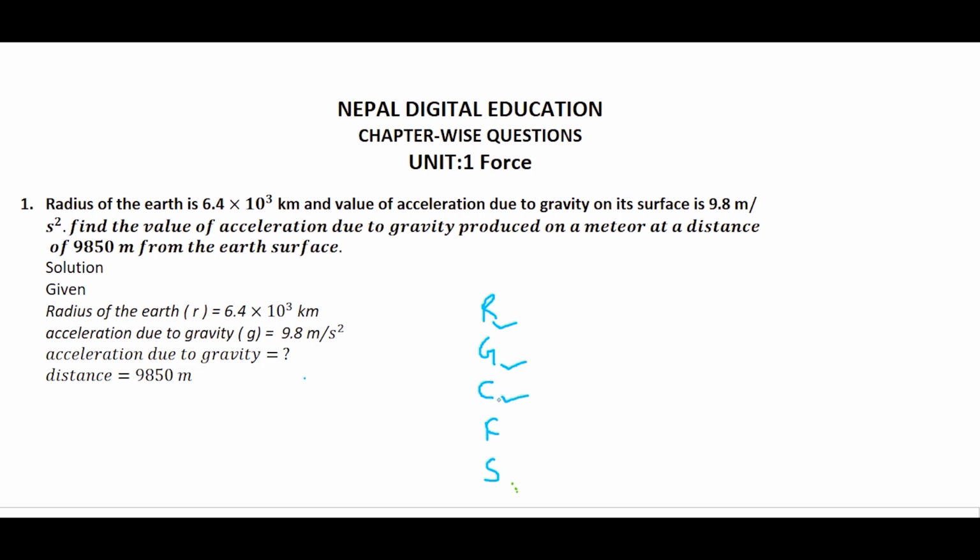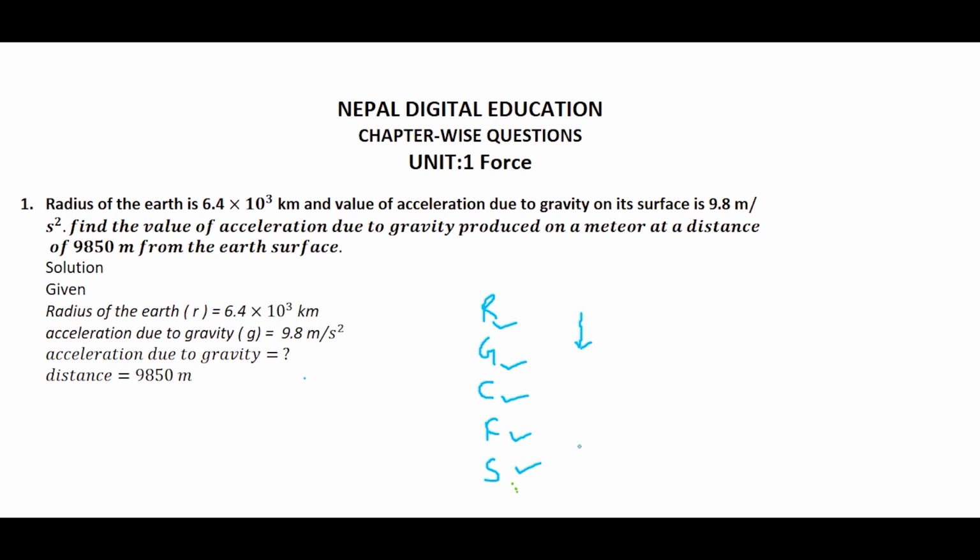C means convert, so convert the given into SI system, then write the formula related to this question, then solve it. When we use this formula RGCFS, then there will be less chance of committing mistakes.